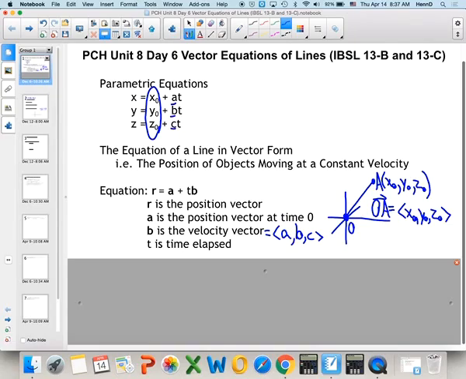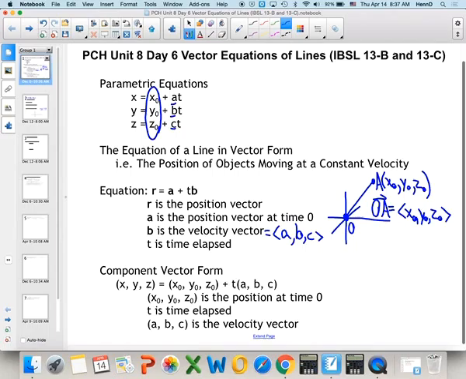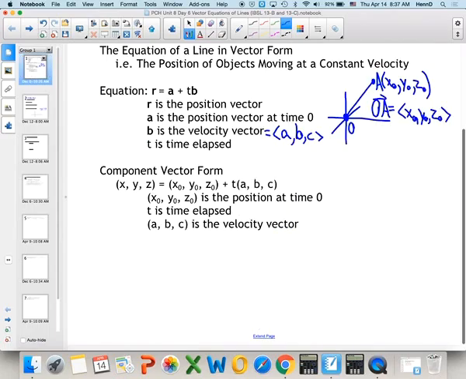So this gives us the component vector form of this line: our position x, y, z, or you could say vector r, equals x sub 0, y sub 0, z sub 0, plus t times a, b, c.